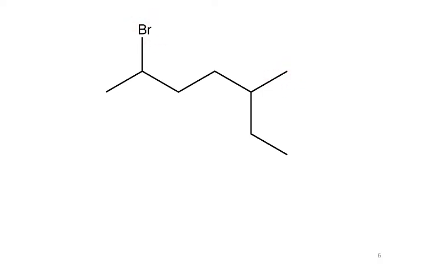So my longest chain was 7, so that makes it heptane. And then my two substituents, I've got a bromo and a methyl, but I need to decide which end to start numbering from.